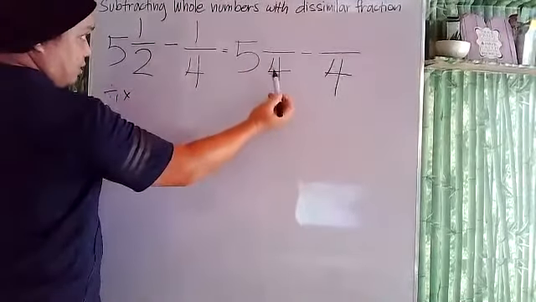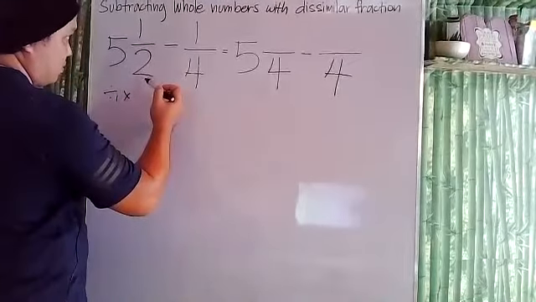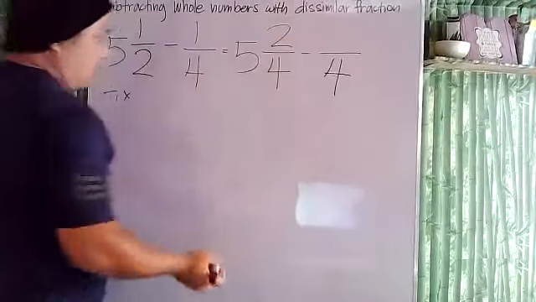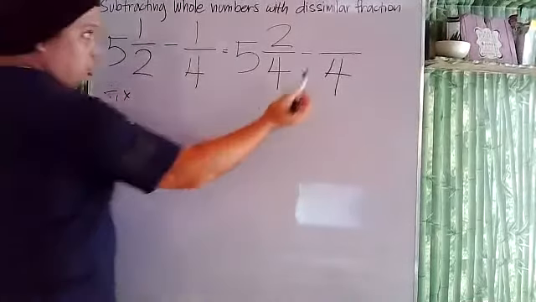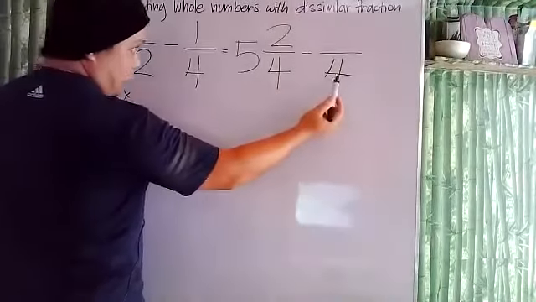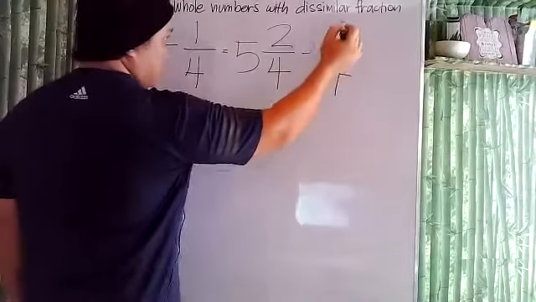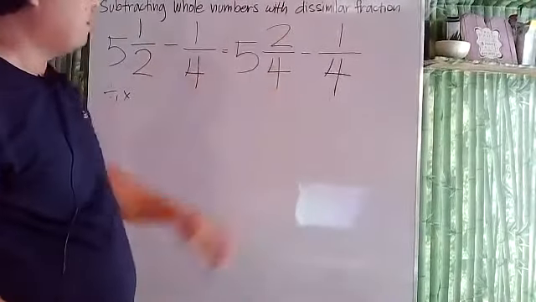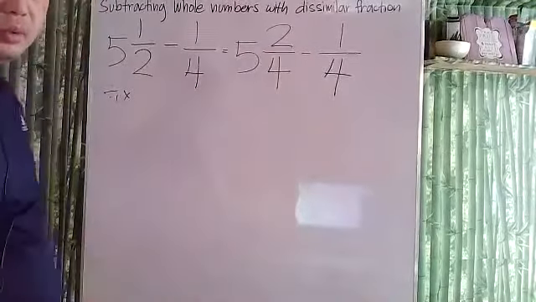Let's divide: 4 divided by 2 is 2, and 2 times 1 is 2. That's 2 for the numerator. Now let's get the numerator here. Let's divide and multiply. 4 divided by 4 is 1, and 1 times 1 is 1. So we have now a mixed number with fractions that are similar with each other.